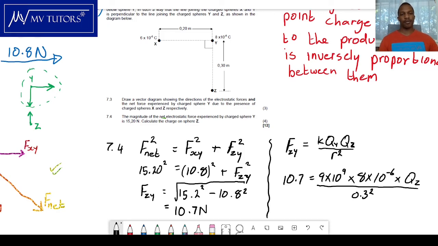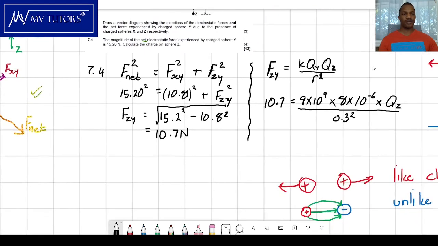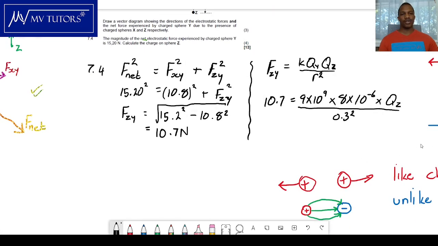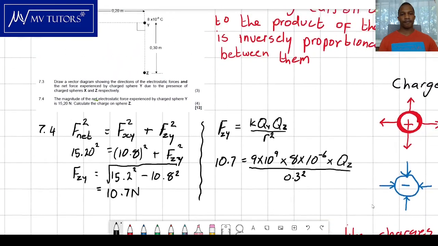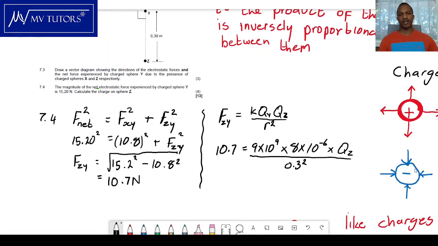Now we just have to do some mathematical gymnastics to calculate the final answer. So qZ is equal to 10.7 times 0.3 squared divided by this whole thing, 9 times 10 to the power 9 times 8 times 10 to the power minus 6. Gotta put that in a calculator.